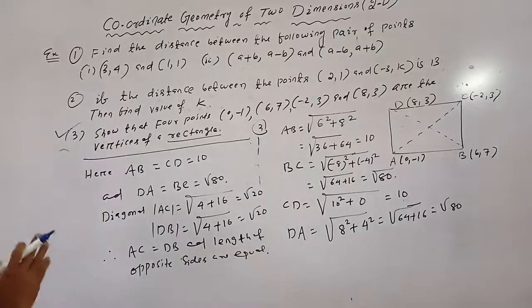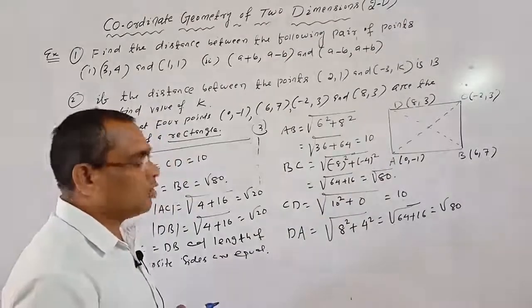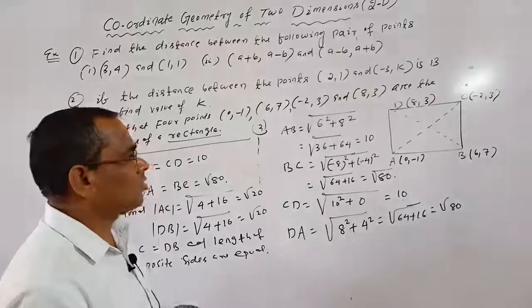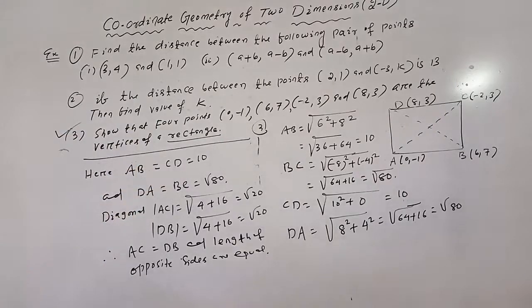Therefore these points A (0, minus 1), B (6, 7), C (minus 2, 3) and D (8, 3) are the vertices of a rectangle. Okay.